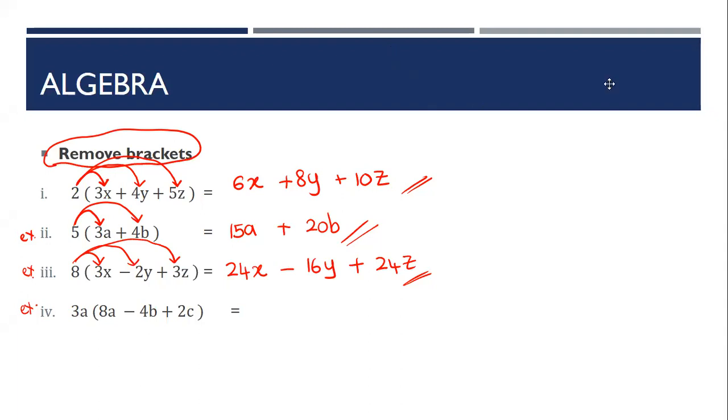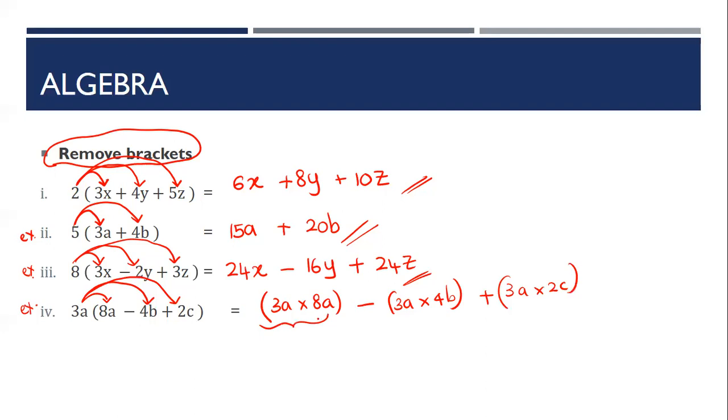Okay, so let's check our fourth one. Here we are multiplying 3a into 8a. I write it like this for your easiness: minus 3a into 4b, and the third element is 3a into 2c.